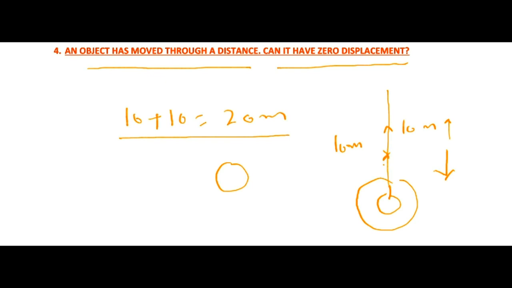So the total distance becomes 20. But the initial and the final position of the body are the same, so the displacement becomes 0. Clear? So if an object has some distance, it can have 0 displacement. Clear? Thank you.